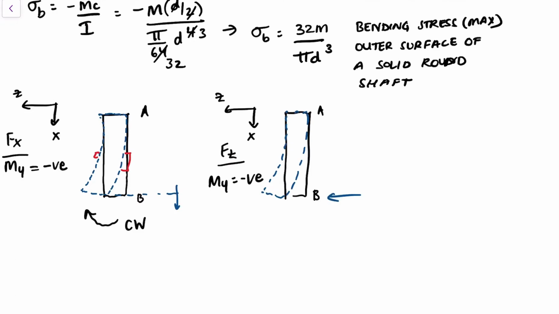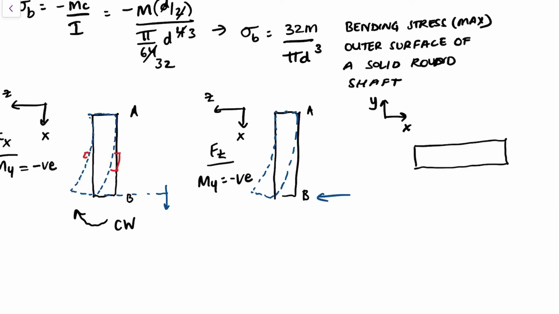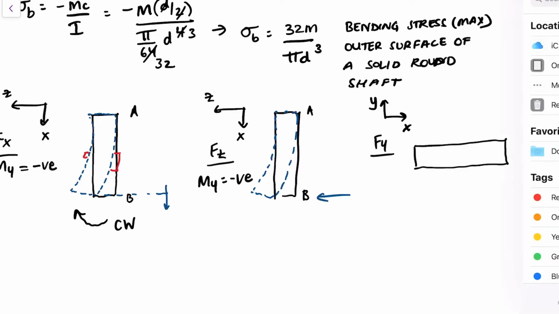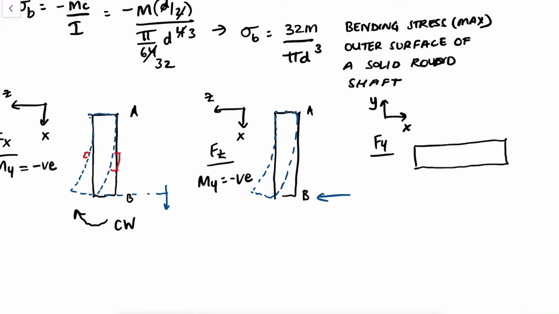And then finally, we have our y-x coordinate. This is our shaft. And Fy is causing it to bend downwards, because it's negative 200, so it means it's pointing downwards. So our shaft looks like this.